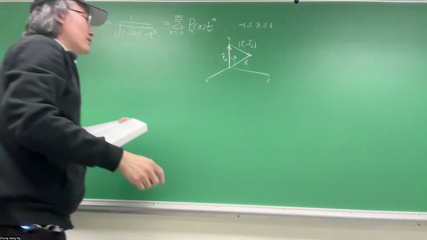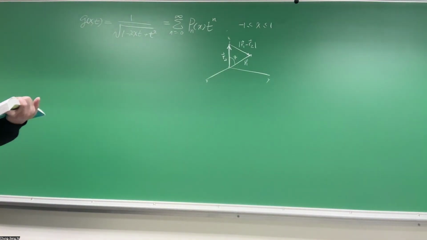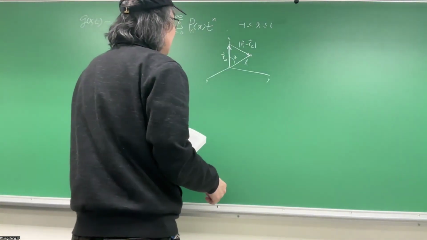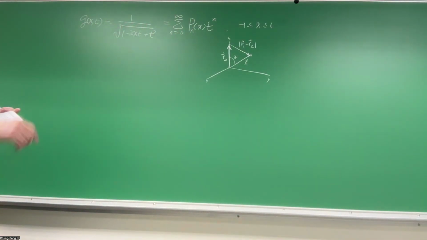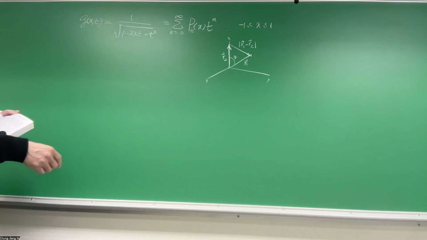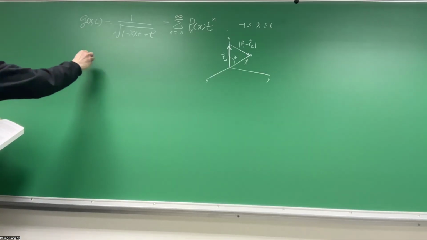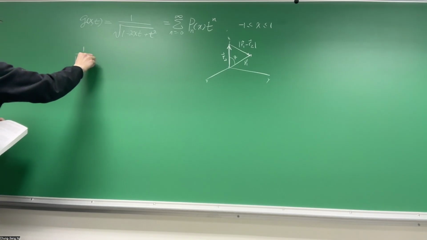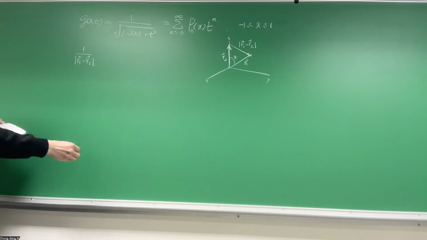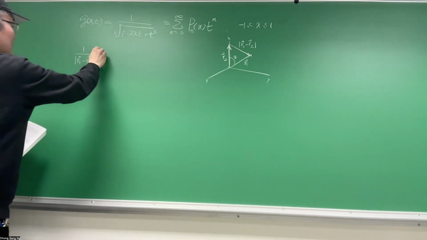That's the difference of the vectors in absolute value, right? So that's just basic geometry. And now we look at the object, instead of the distance, we look at the inverse distance, 1 over the absolute value of R1 minus R2.